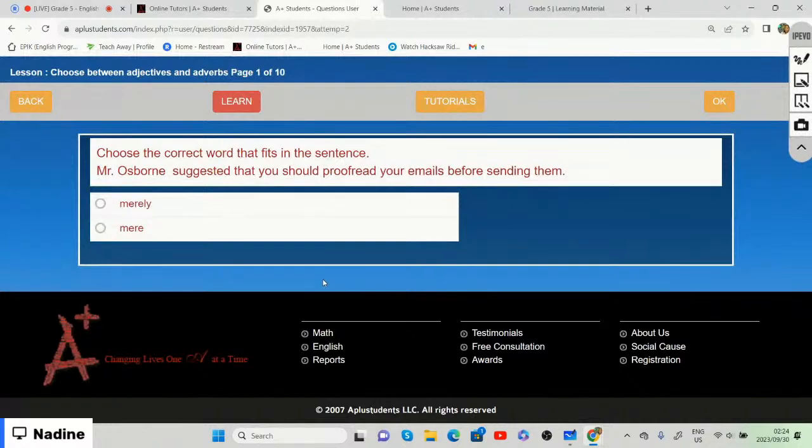So do we say Mr. Osborne merely suggested or Mr. Osborne mere suggested? Suggested is a verb. So he merely suggested, merely suggested.